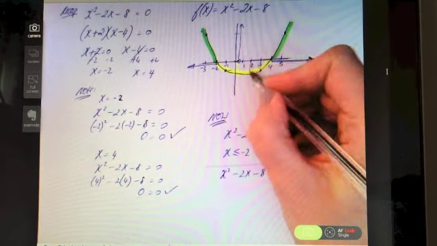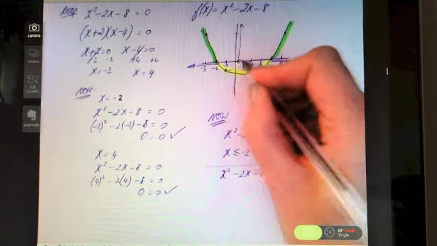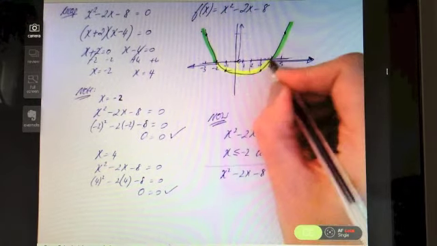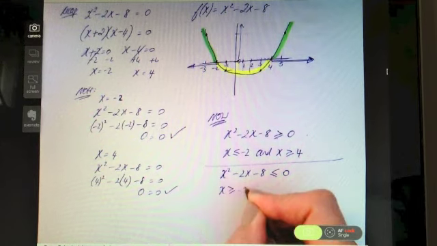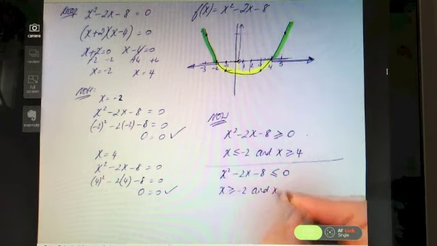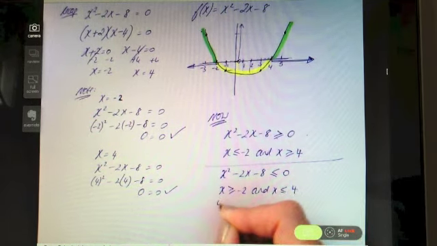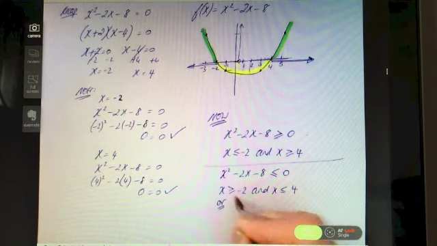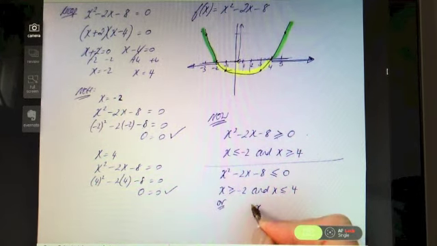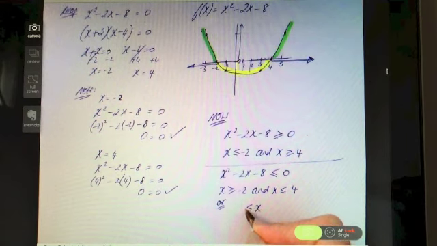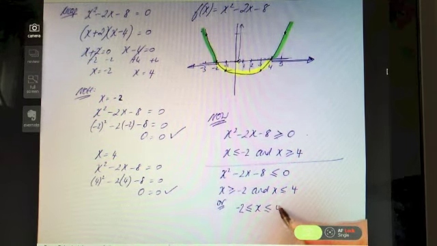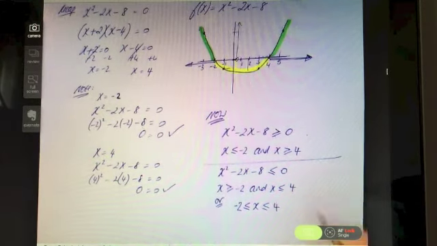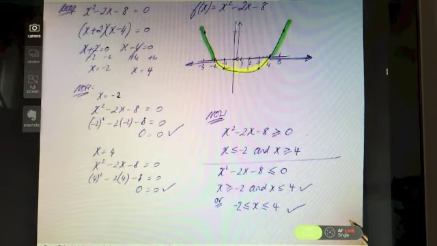Well, it's all these x values here that are in between -2 and 4. So it's when x is greater than or equal to -2 and when x is less than or equal to 4. Another way of writing that, because it's in between, is when x is greater than or equal to -2 and less than or equal to 4. Okay, so both of those answers are correct.